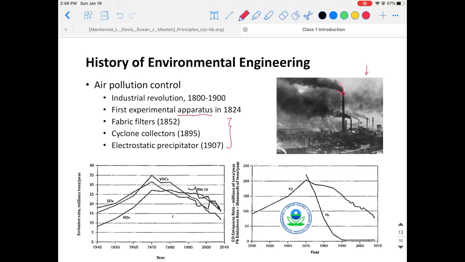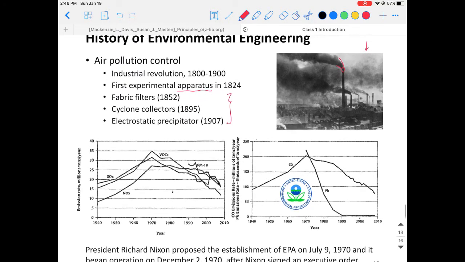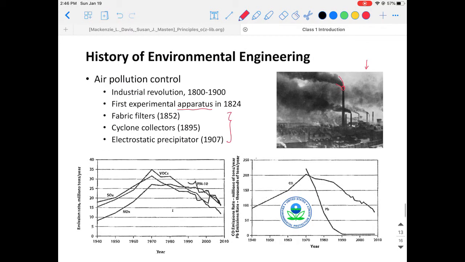Okay, so here I'm showing a time series of the emission of atmospheric pollutants in the United States, from the year 1940 to 2010. It includes the SOx, which is short for sulfur oxides, including sulfur dioxide and sulfur trioxide.